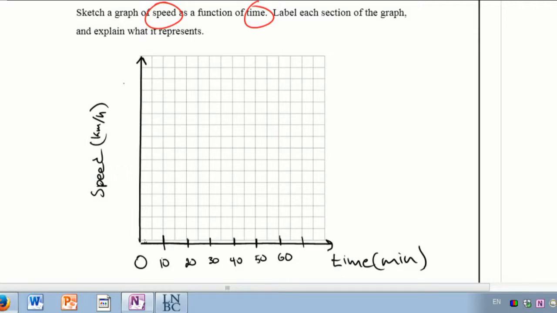So what can I go up with? If I started at 1, 2, 3, 4, 5, 6, 7, 8, 9, 10, I'm going to run out of space. So I can't go up by 1s. That's not going to work. So maybe let's go up by 2s and see how that works. 2, 4, 6, 8, 10, 12, 14, 16, 18, 20. That's looking a bit better, so I'm going to do that.